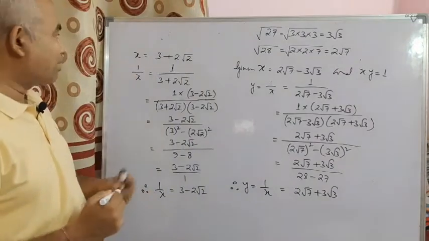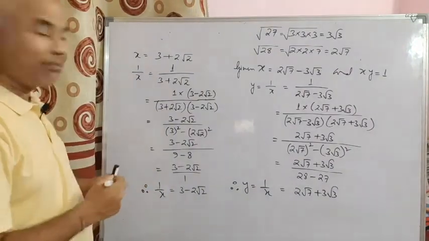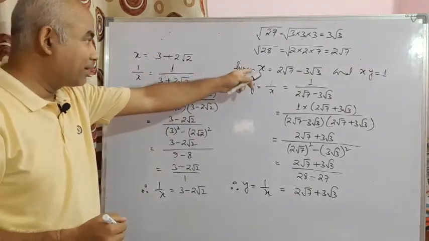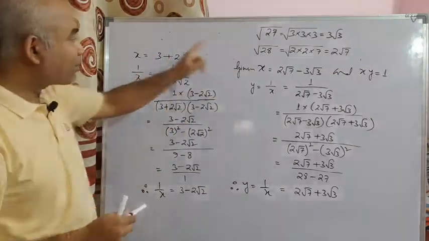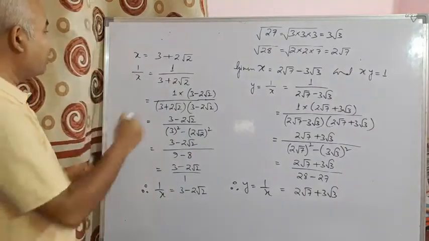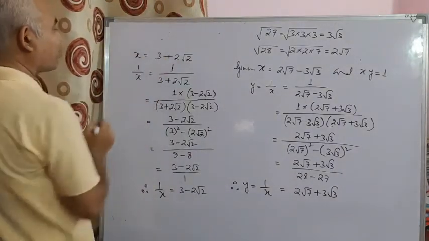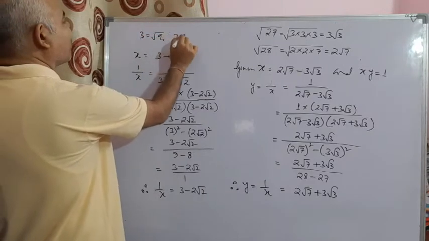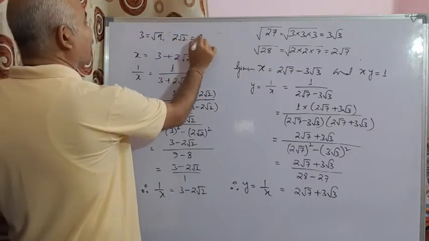Now here you see, in these two examples, in this example also, 3 was the square root of 9, and 2 root 2 was the square root of 8.